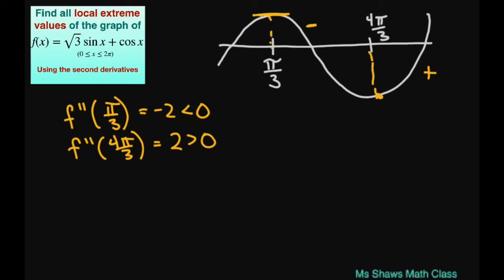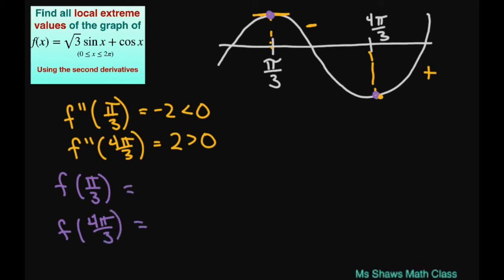Now the only thing we don't have is what the exact value is. So we're going to substitute in f of pi divided by 3 and f of 4 pi divided by 3 to get these values.